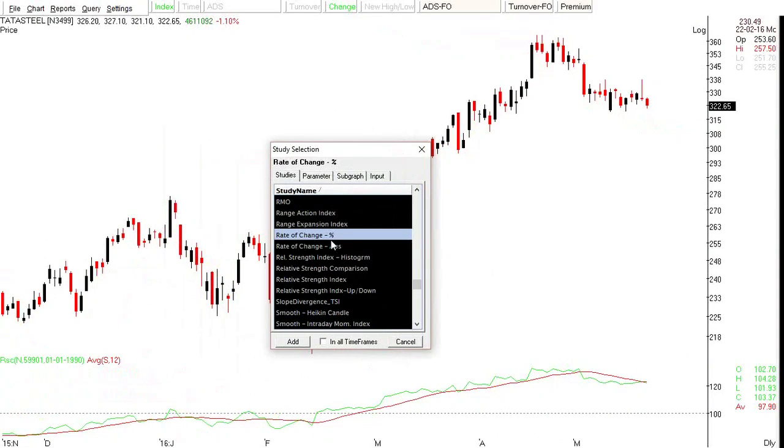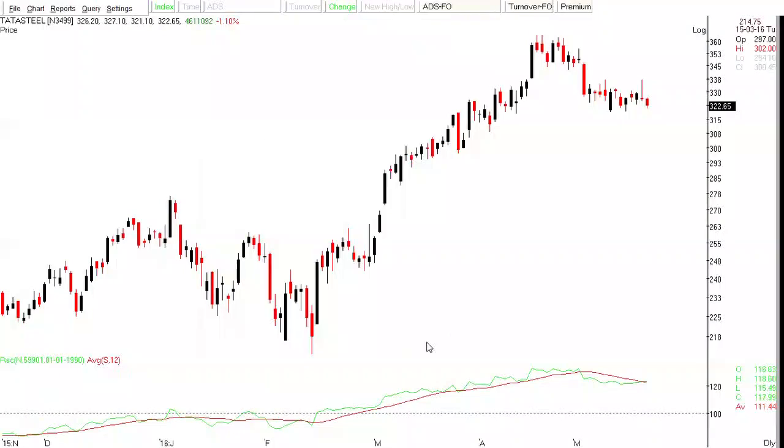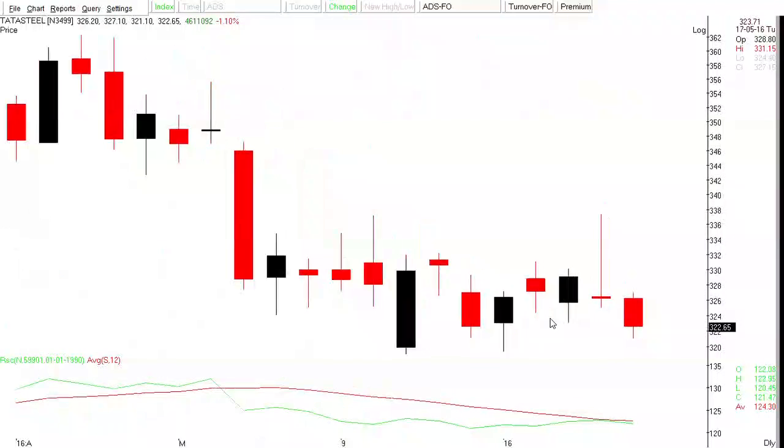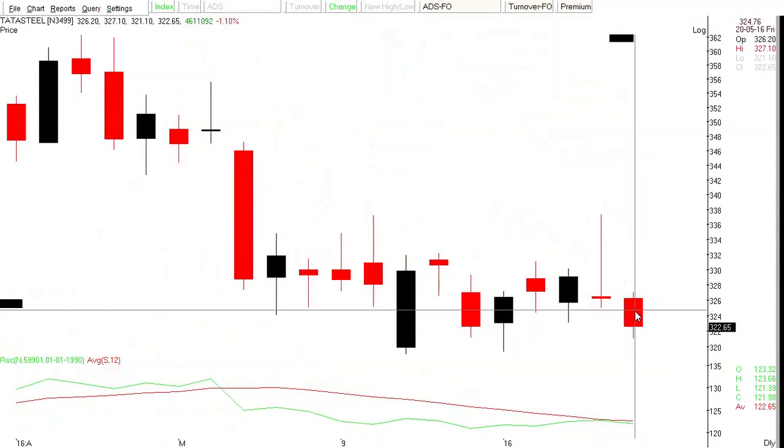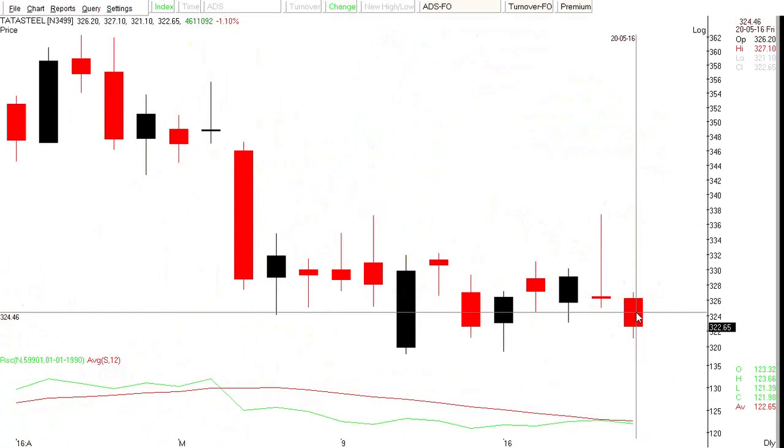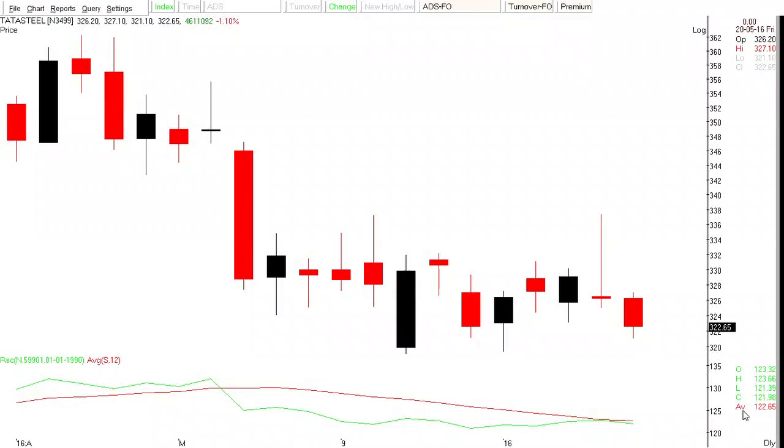Okay, let's talk in very simple layman's language. At the last candlestick, if you see on the bottom right hand side corner in red, the number is 122.65. This is the average.